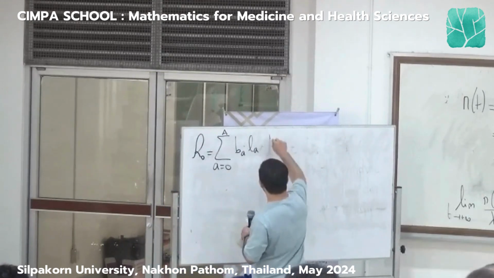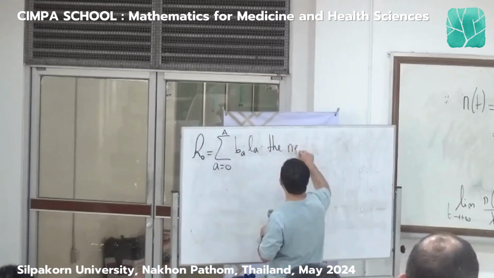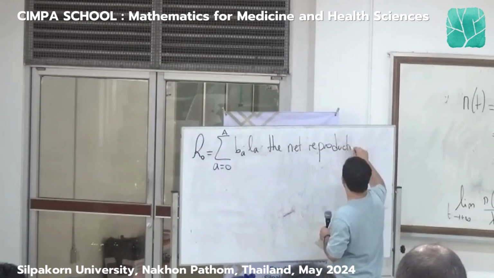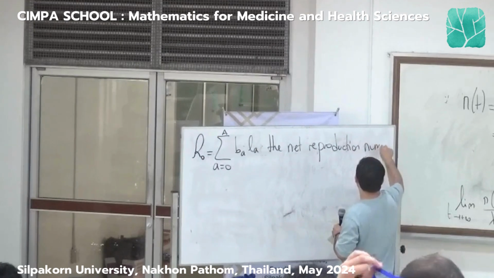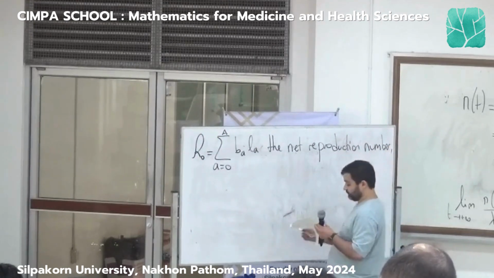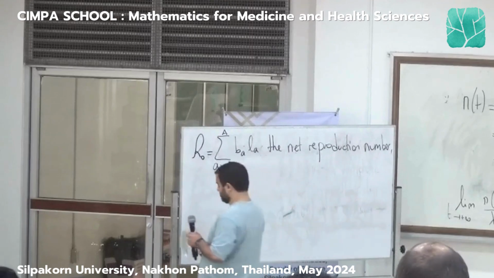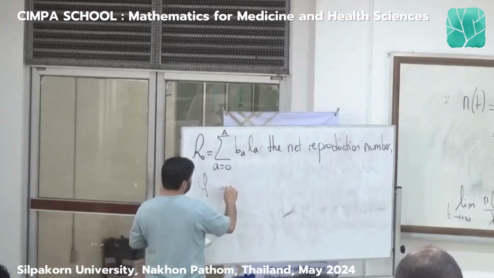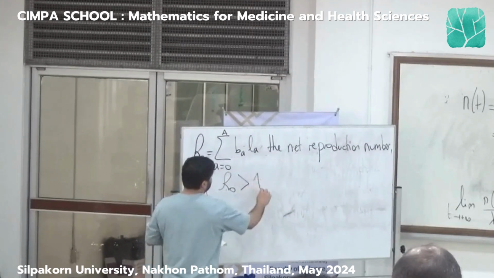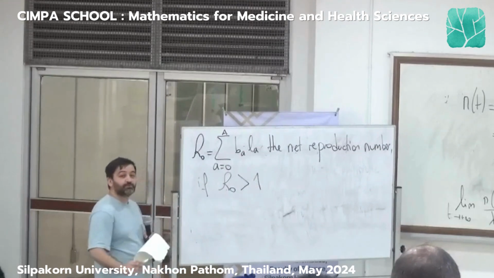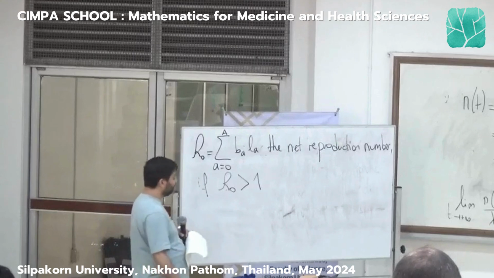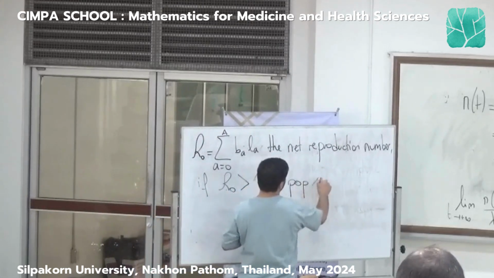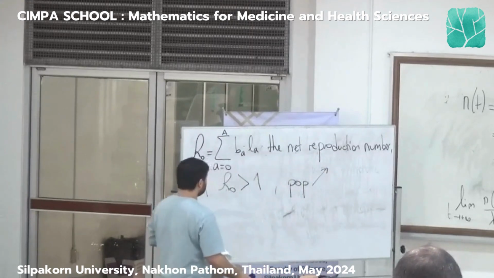What we call the net reproduction number. And what? If you just compute that, and you do exactly what you know about the reproduction number, if this value is greater than 1, then the population is increasing.